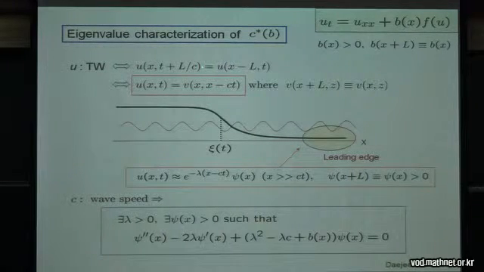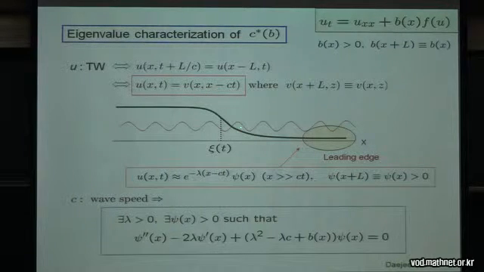This is just a change of variable. So the function v is periodic in x, but in z, as z varies from minus infinity to infinity, if you fix t, x varies from minus infinity to plus infinity.